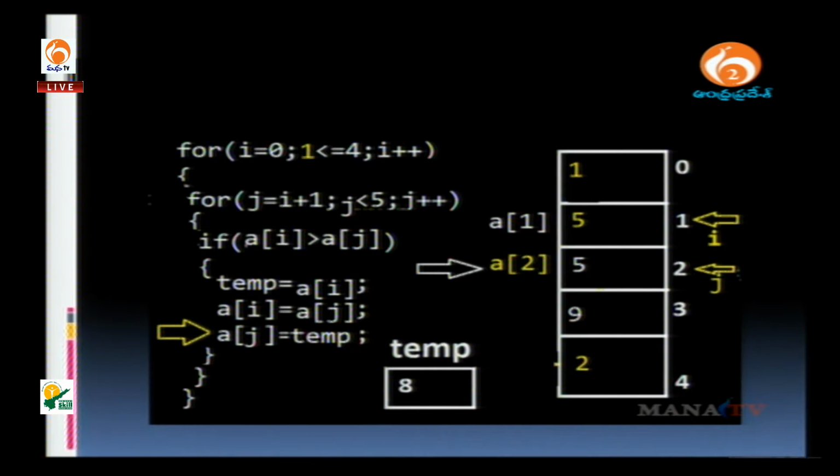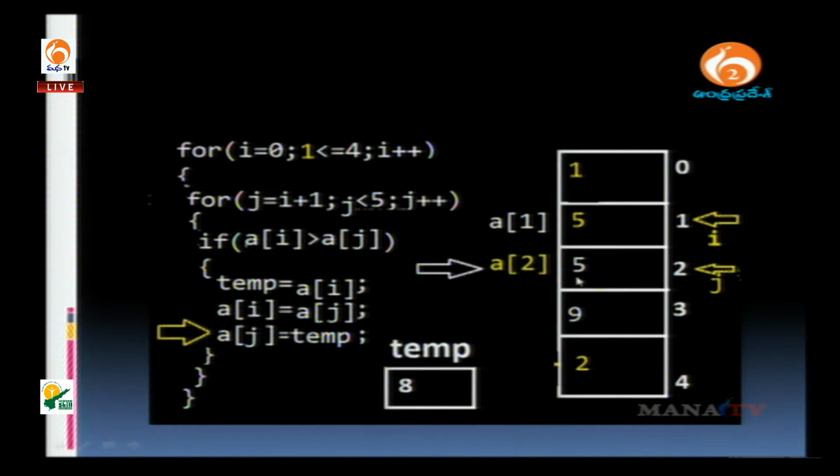Now the control comes to a of j equals temp. The previous statement, a of i equals a of j, means we are storing the j value into a of i, that is a of 1. Next, a of j equals temp, we already stored one value, that is 8, into the temporary variable. Now we are storing 8 into a of j. a of j means wherever j is pointing.